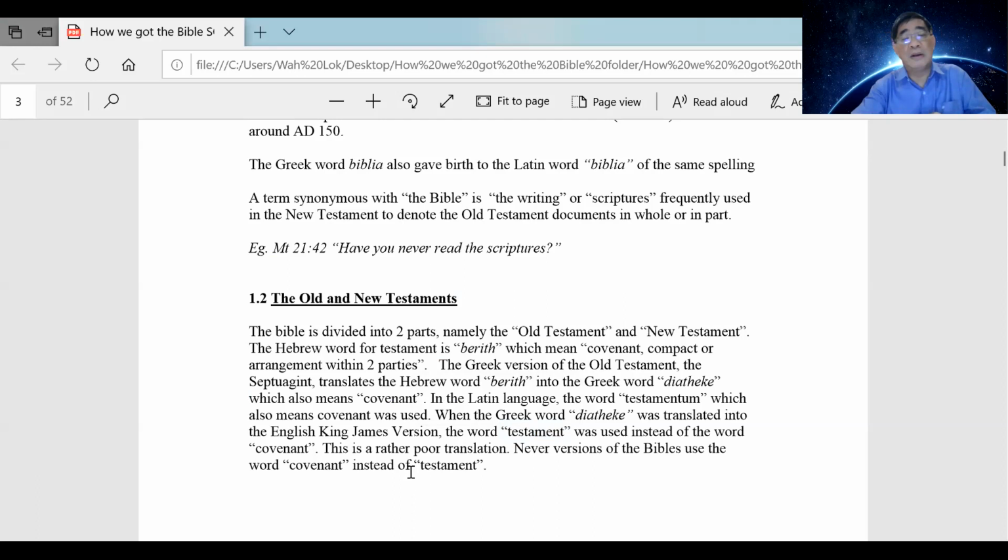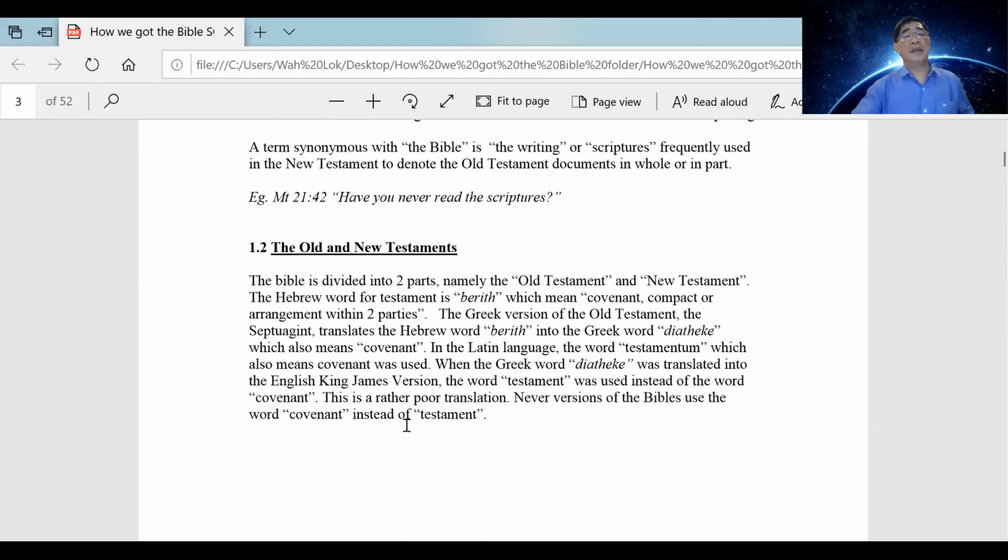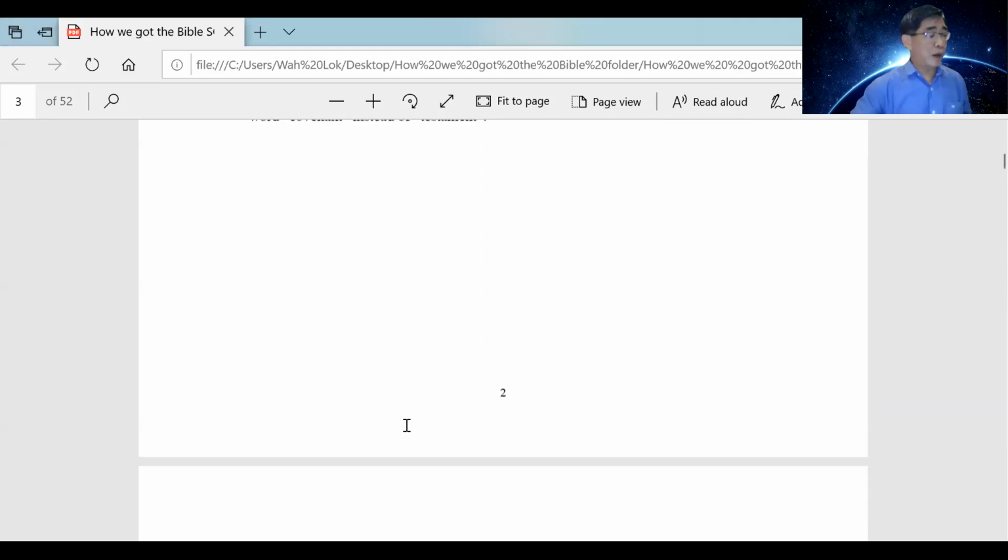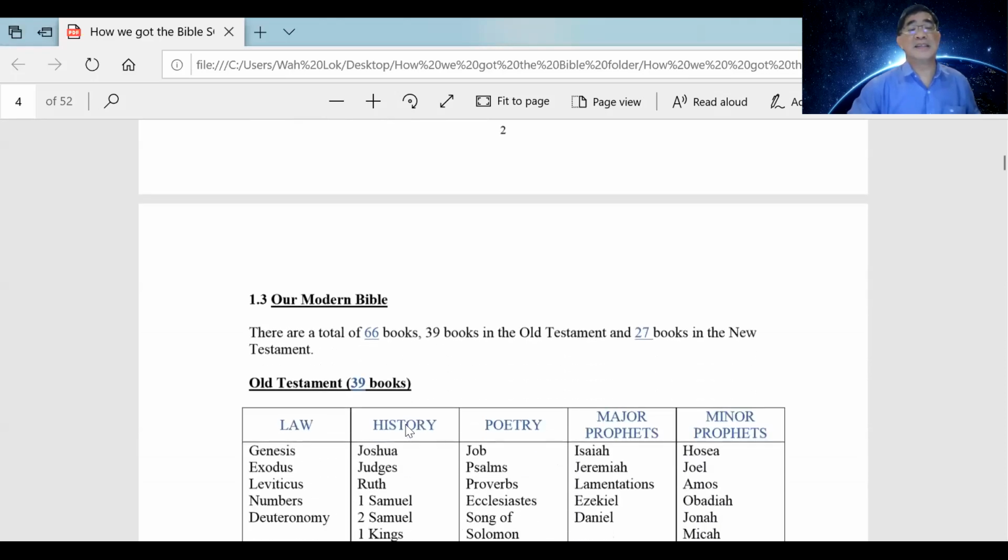Once the word is stuck for thousands of years, we cannot change it. So technically, it should be the New Covenant and the Old Covenant. So that explains where we get the term testament.